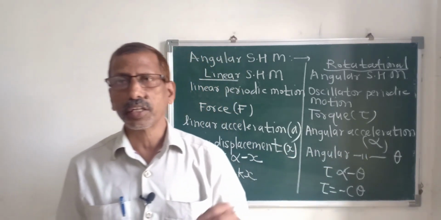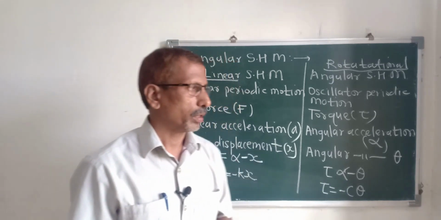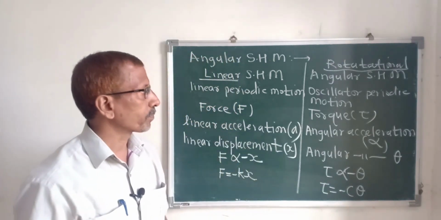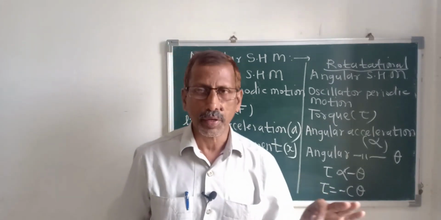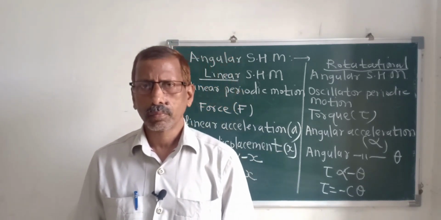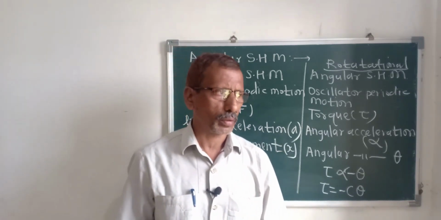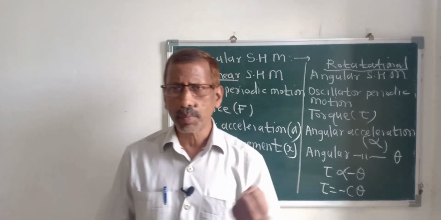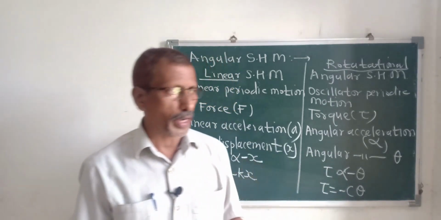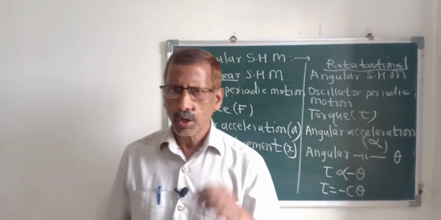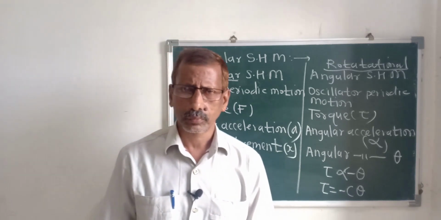So we can easily define angular simple harmonic motion. Now we have to consider how angular simple harmonic motion can be explained on the basis of a suitable example.